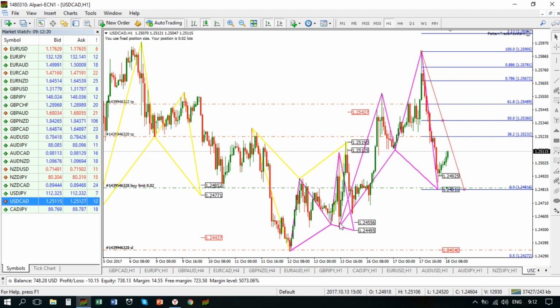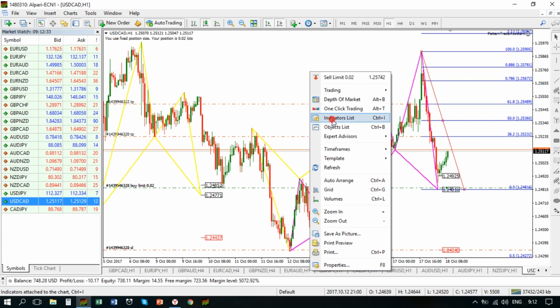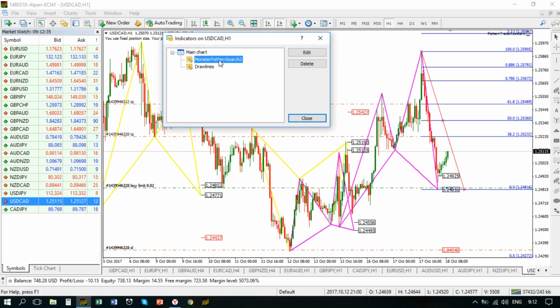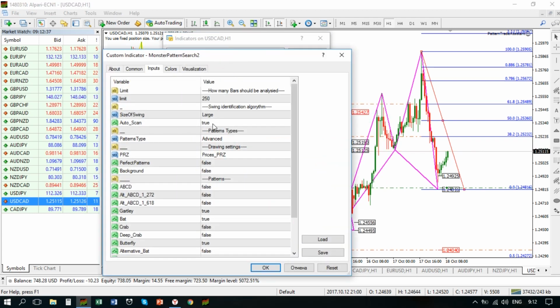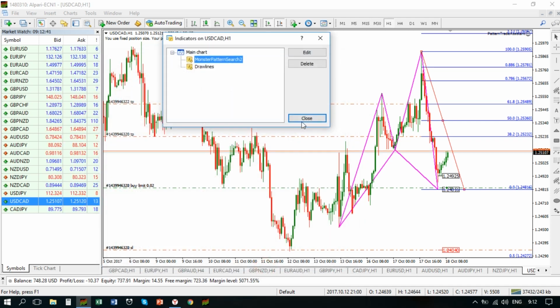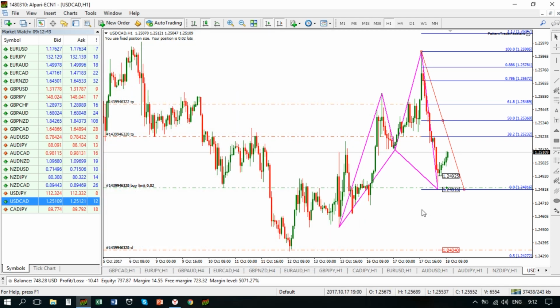This triggered the 90% rule and came to targets. You see that? You can see this automatic bat pattern hit the targets, and you can see this pattern that is manual. Okay, if I switch to manual, disable the auto scan, okay, done, they will all disappear and only manual will stay.